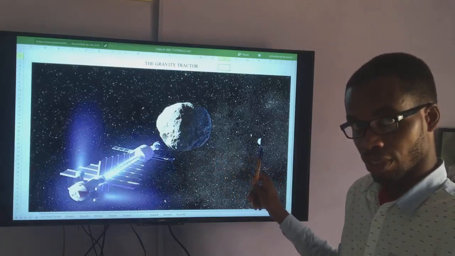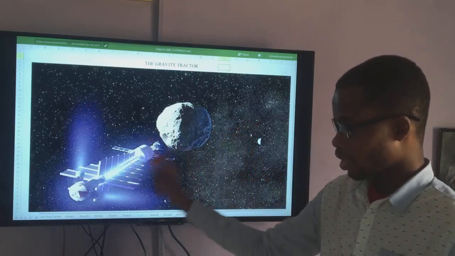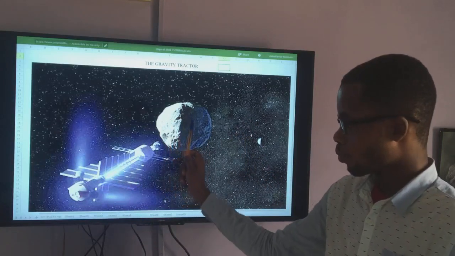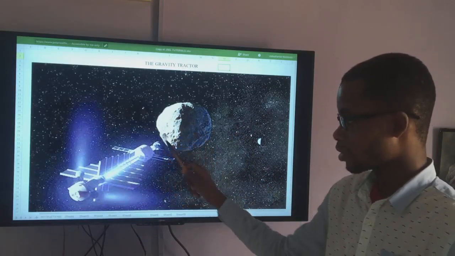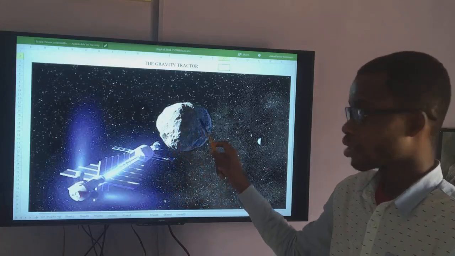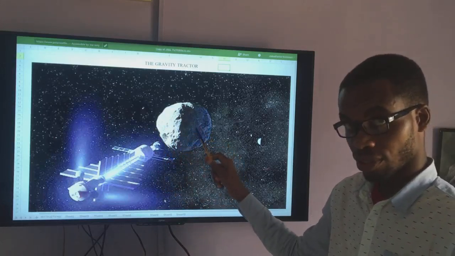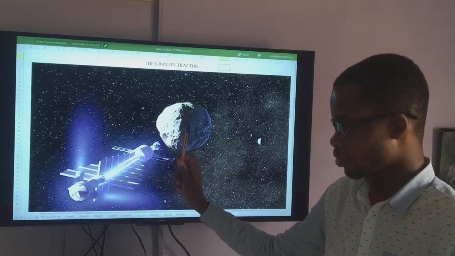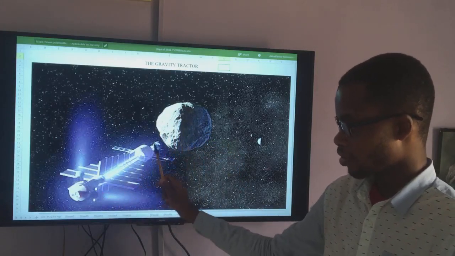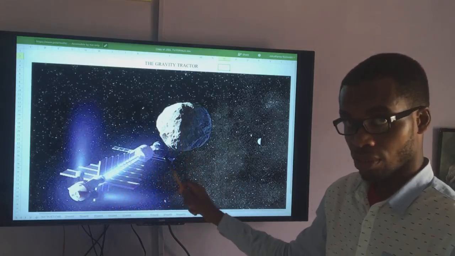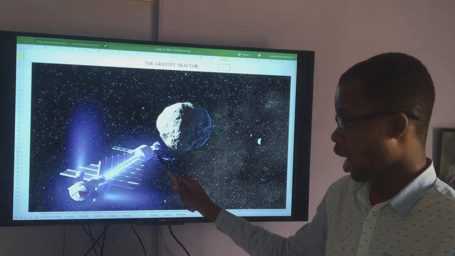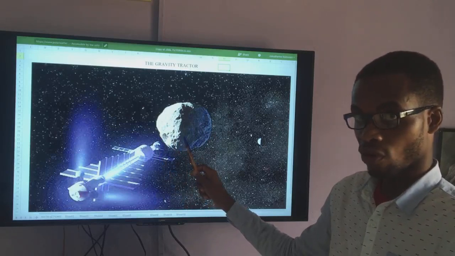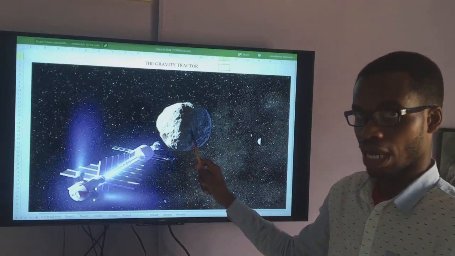What the gravity tractor does is that it will actually slow down the movement of the asteroid. How does it do that? It has a gravitational field around it that is going to apply on the surface of the asteroid, or exert on the asteroid.